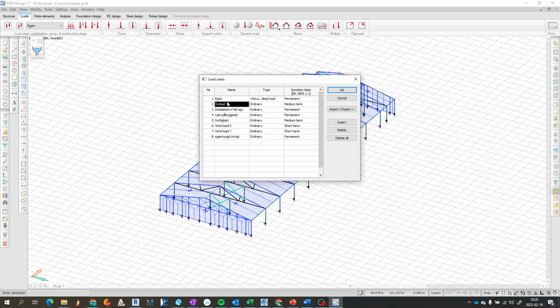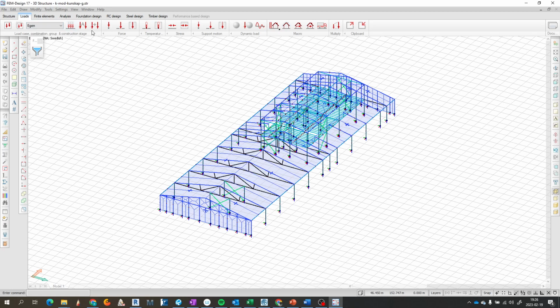And I have here the self-weight, the snow weight, installations, loads and roof loads, of course, some kind of loads for extra considerations. I have the live load, the wind load in the X and Y direction, and some other stuff here.